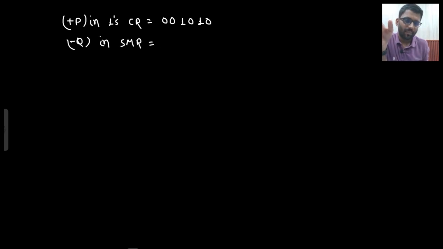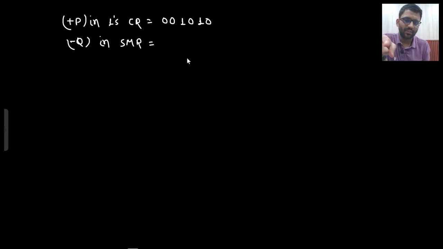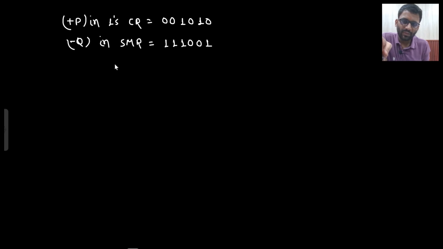First bit will be the sign bit 1, and then the magnitude 1 1 0 0 1. So what will be the 1's complement representation of that? Sign bit as it is, and then the complement of all the magnitude bits. Now you need to perform the addition only.